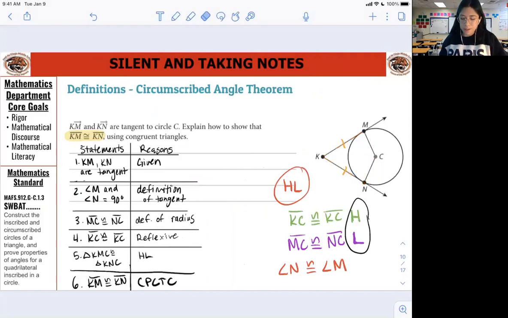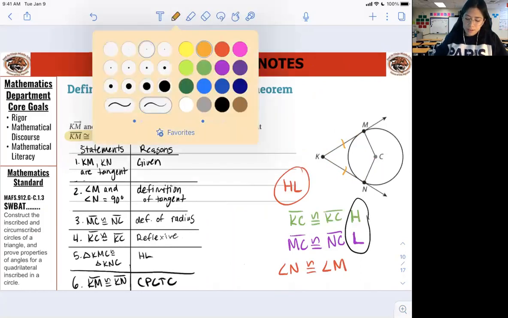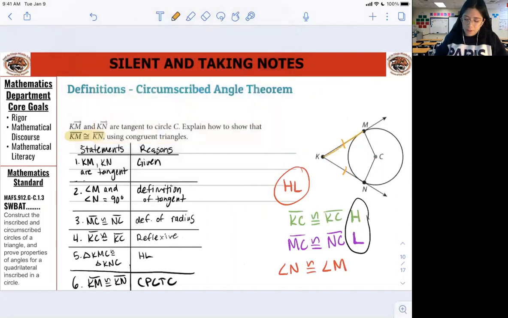What do I know about tangents? About circumscribed angles. What is true about the measurements of the line segments of circumscribed angles?